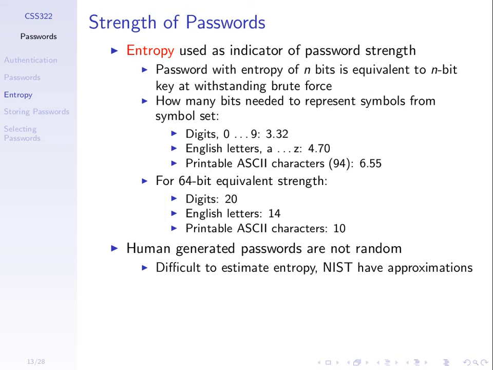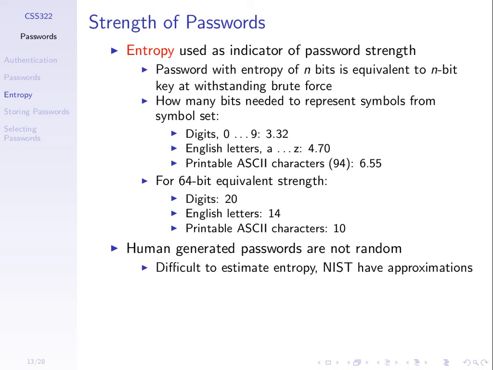So, then you can talk about, okay, if your password is chosen just from the digits, how many digits do we need to get a password which is equivalent to 64 bits? 1 digit is 3.32 bits, so 20 digits is 20 times 3.32, which is about 66 bits, close to our 64.